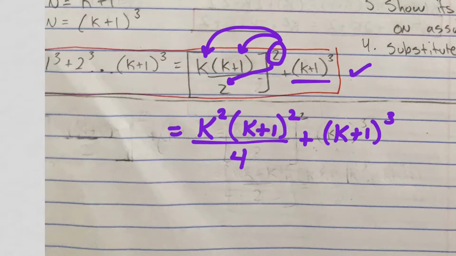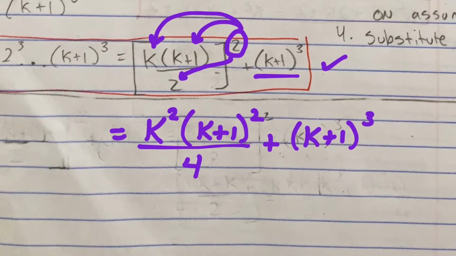Now I'll get common denominators. So I have 4 here, and this is basically over 1. So I need this to be a 4, and then I'll multiply by a 4 up top. So, see, just like that, just kind of squeezing it in there.